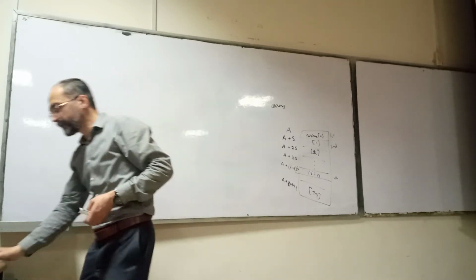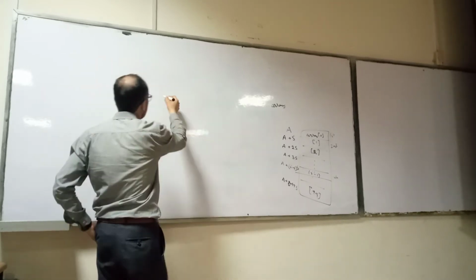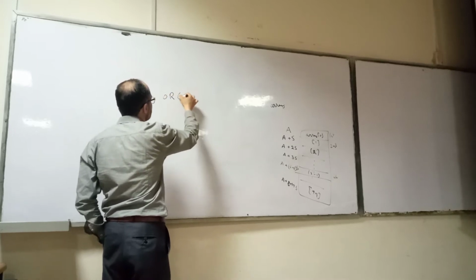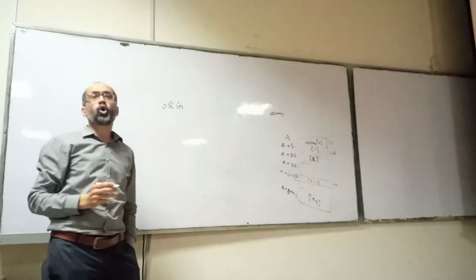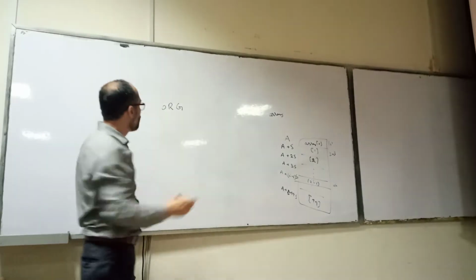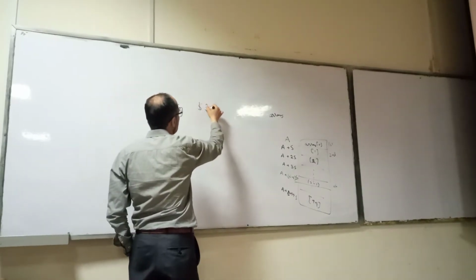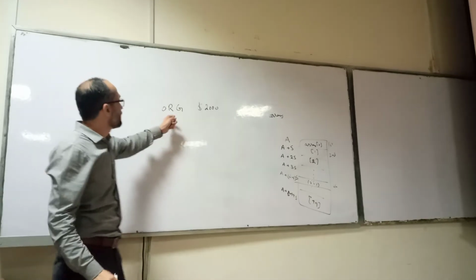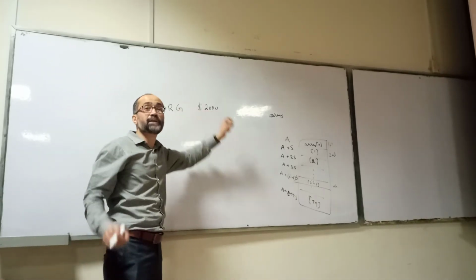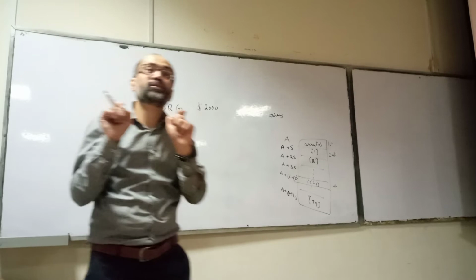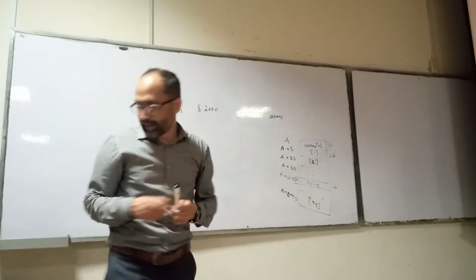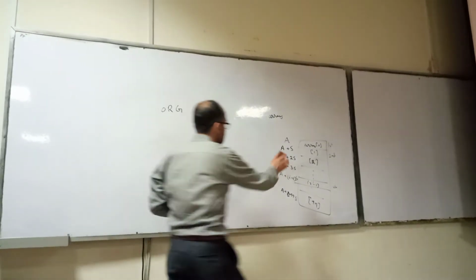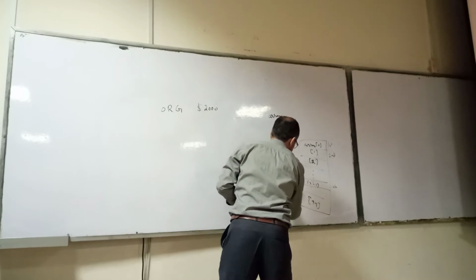To initialize the elements of the array, there is an instruction org. Whenever we say org $2000, it means our starting address is $2000.